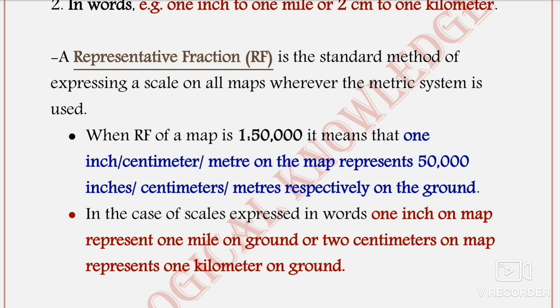That is very important to understand. Basically the scales are given as 1 is to some number, such as 1 is to 1000, 1 is to 20,000 or 1 is to 50,000.